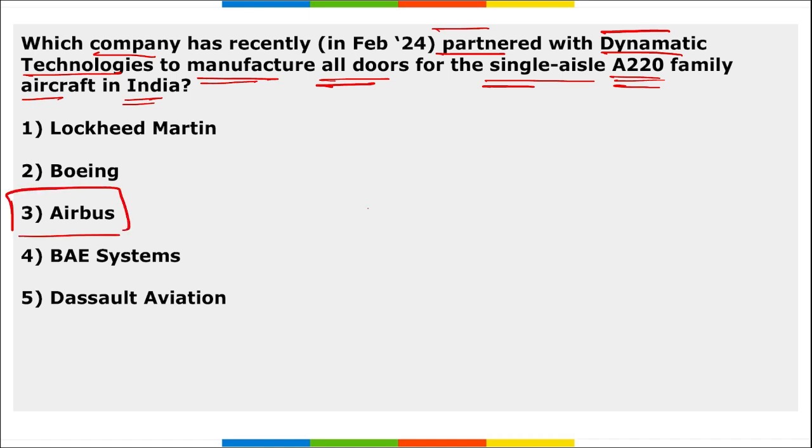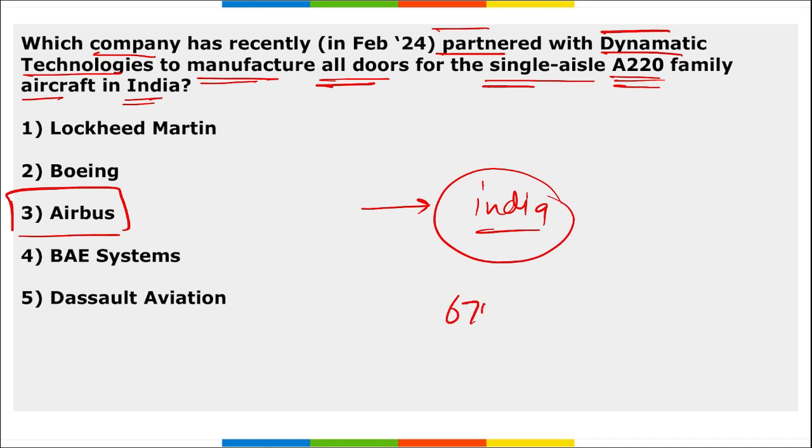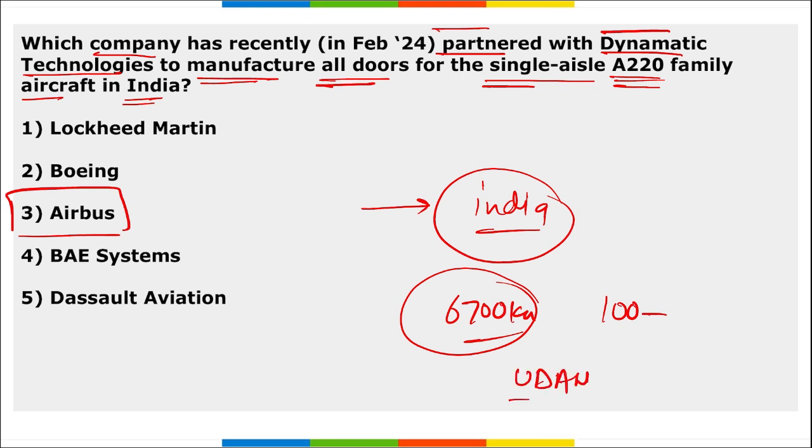Remember, all this manufacturing will be done in India. With a range of up to 6,700 kilometers and seating capacity of 100 to 160 passengers, A220 is ideally suited for India's Udan scheme. What is Udan scheme? Ude Desh Ka Aam Nagrik, aimed at enhancing regional connectivity and promoting economic growth.